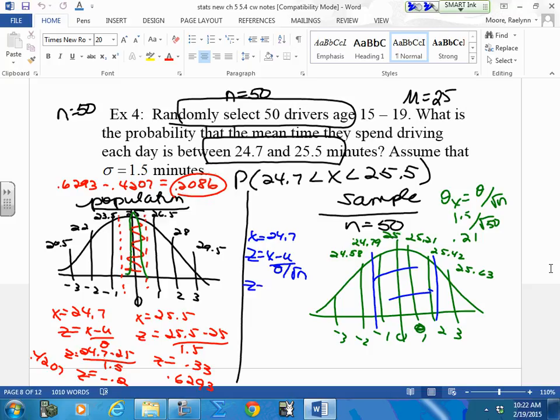So watch. 24.7 minus the mean over the standard deviation divided by the square root of n, which is what we found. So we find your z-score to be negative 1.41. Doesn't that look so here?